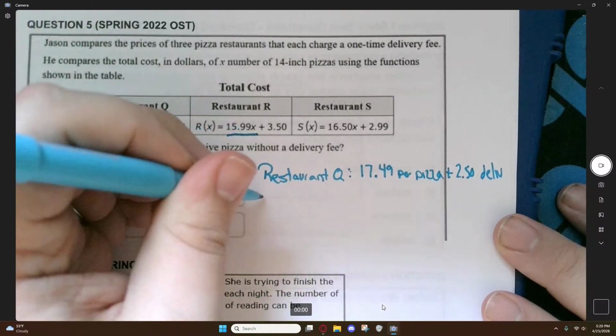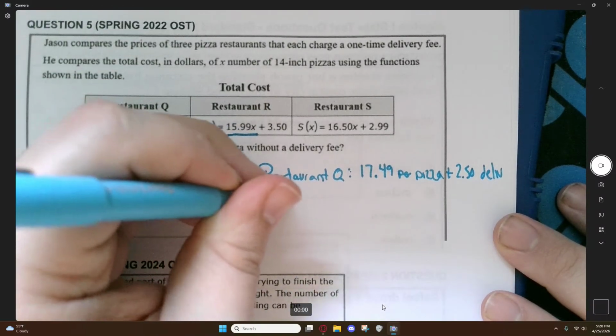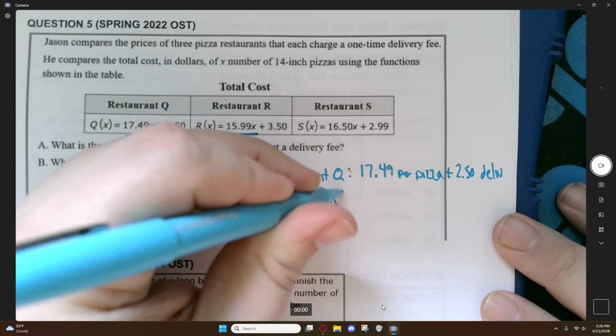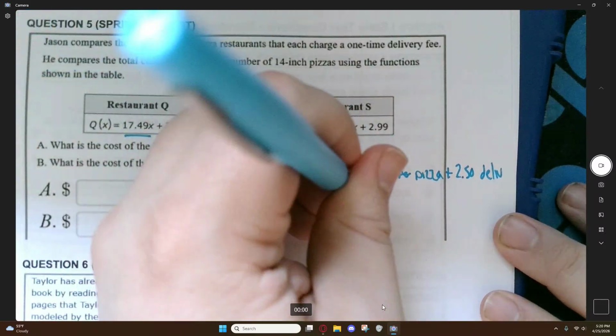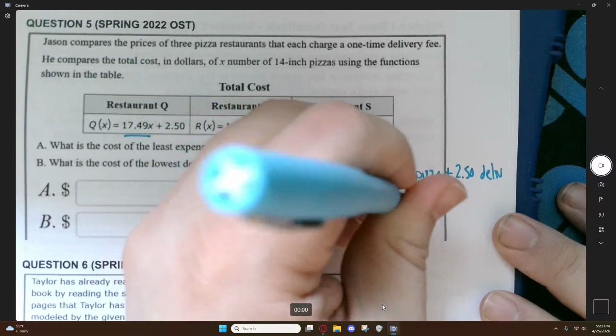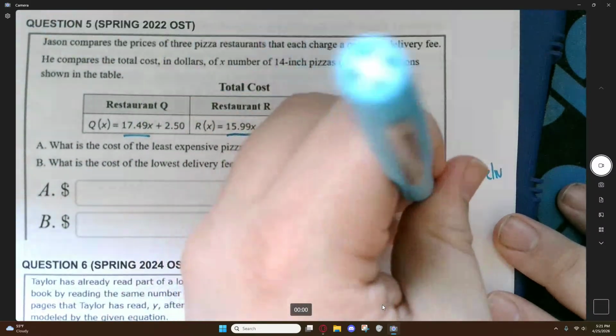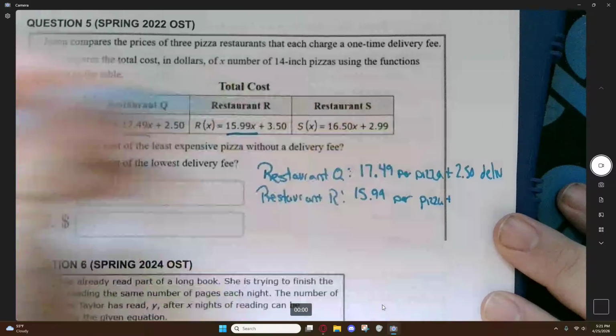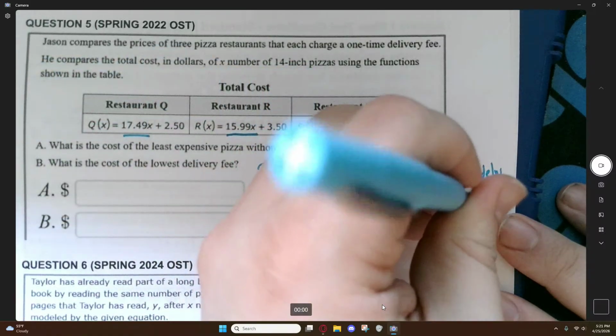Restaurant R charges $15.99 per pizza and $3.50 delivery.